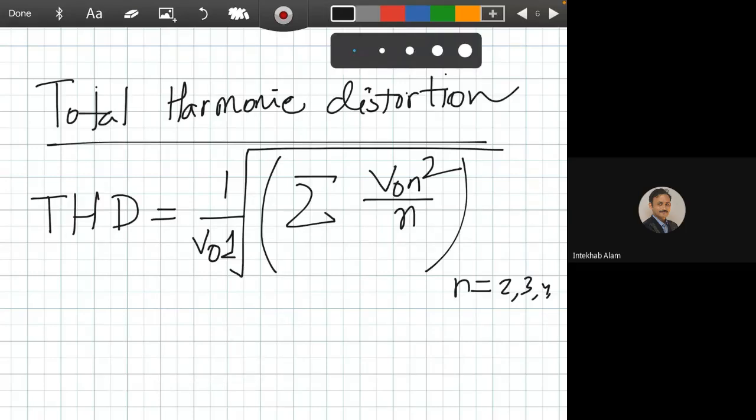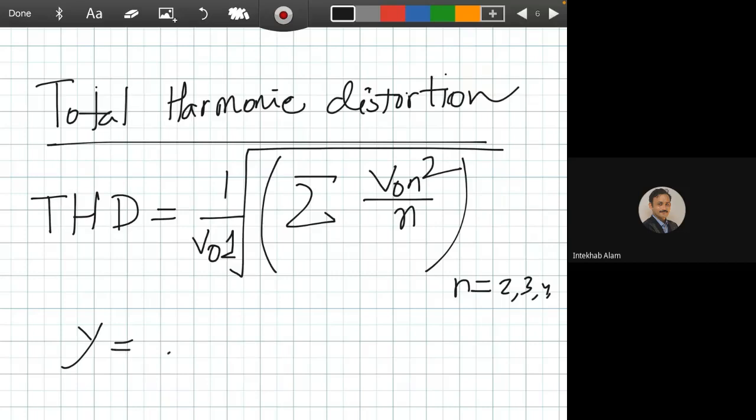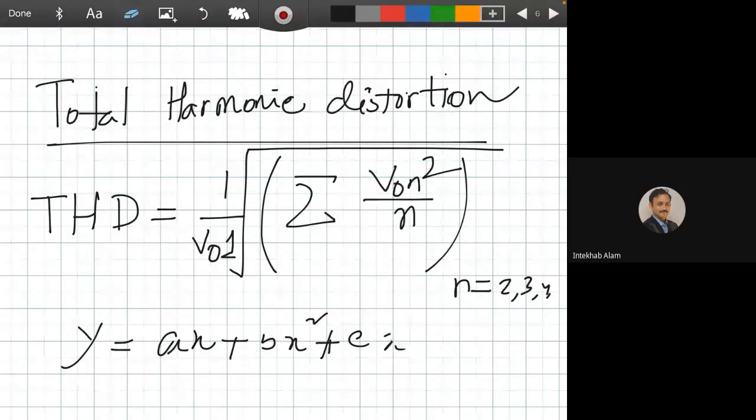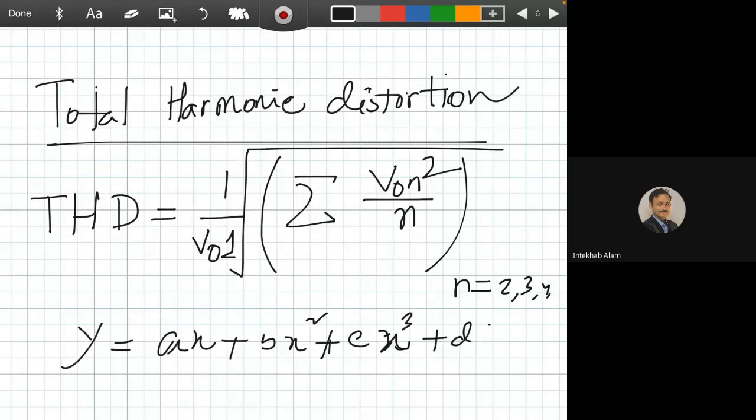For example, y is a function of ax plus bx square plus cx cube plus dx to the power 4 and so on.